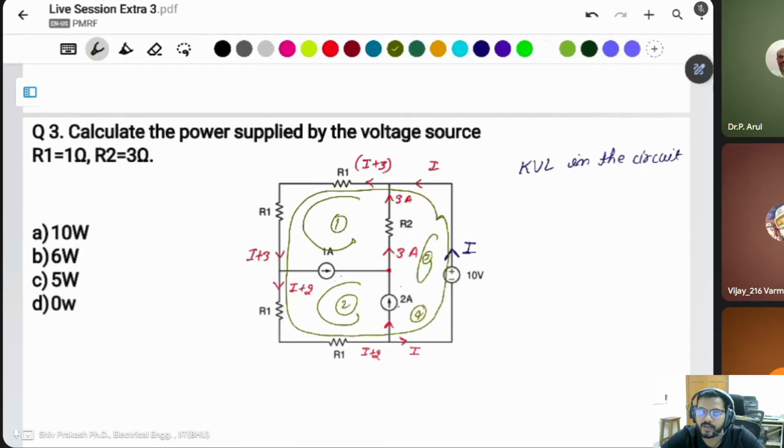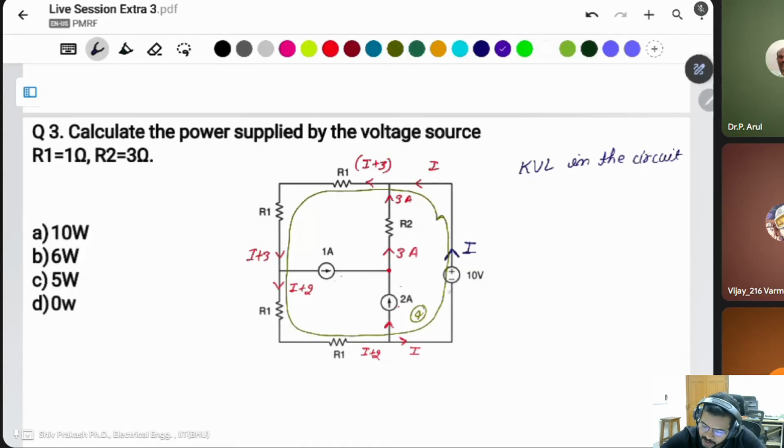When applying KVL in any circuit, avoid taking KVL through a current source, because it has some voltage drop that you don't actually know. That's why leave all three loops, this loop and this loop. Use only the outer loop in this case.